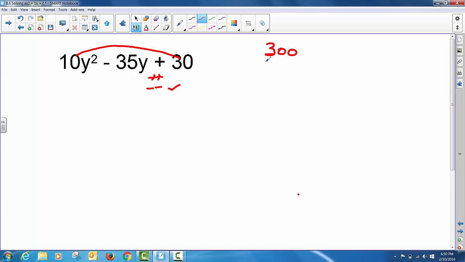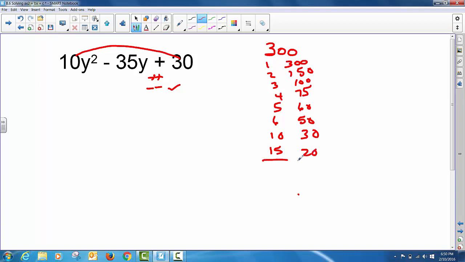So we come over here and we go 1 times 300, 2 times 150, 3 times 100, 4 times 75, 5 times 60, 6 times 50, 10 times 30, 15 times 20, and there it is, 15 times 20, they add up to 35.